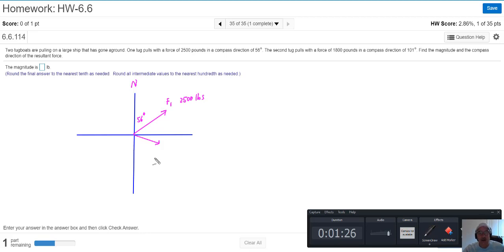And the second tugboat we're going to call F2 here has a force of 1,800 pounds, so he doesn't have quite as much oomph in the pull as the first tugboat. And the compass direction here is 101 degrees, so I went 90 and then another 11 degrees right in here. So I hope you all agree 90 and 11 will get 101.